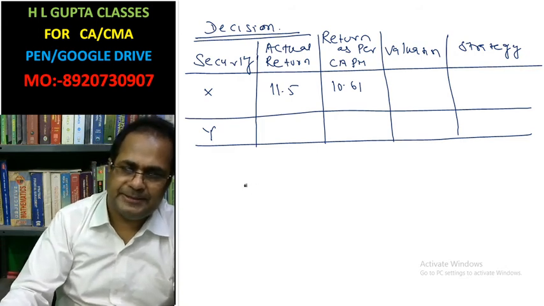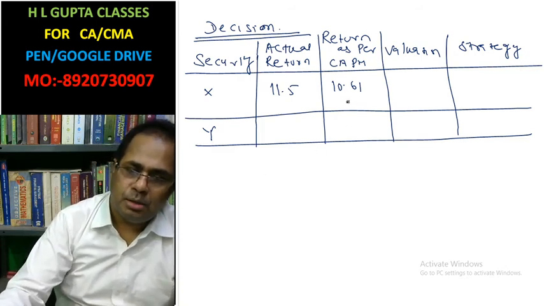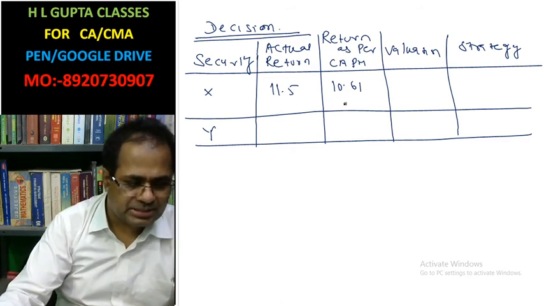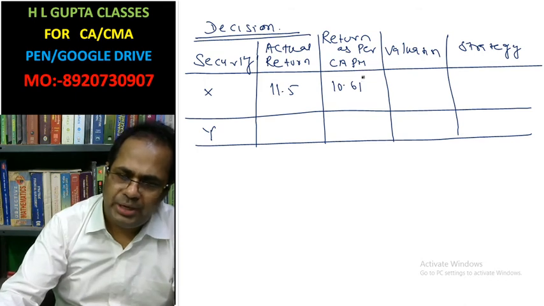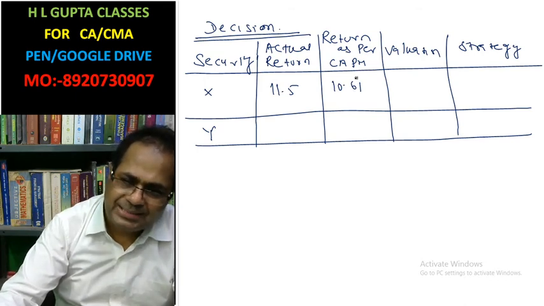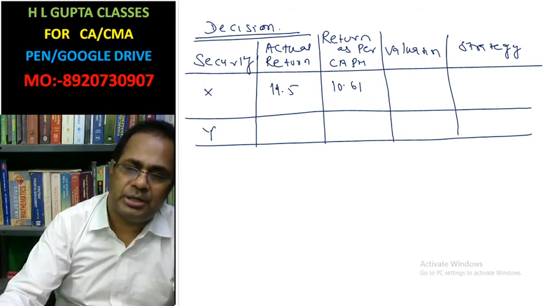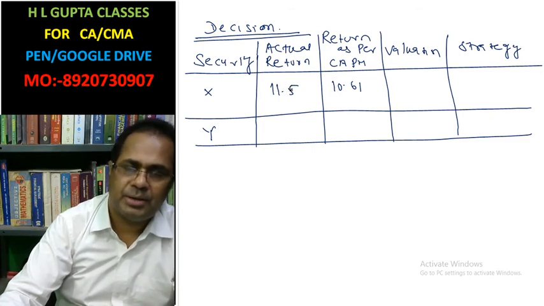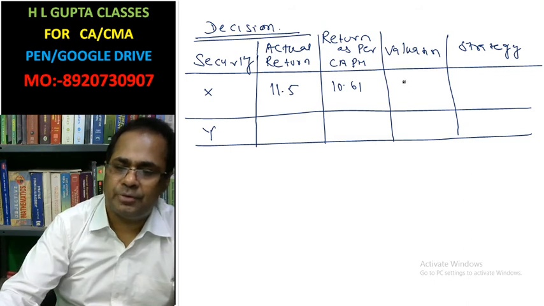In this case, we are expecting 10.61, but actual we are going to receive 11.50. This is the undervaluation.